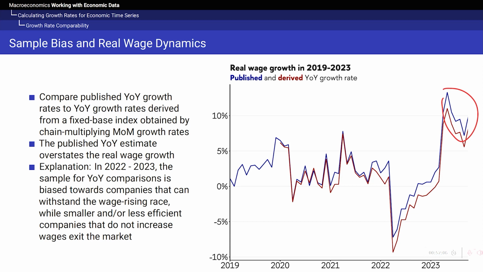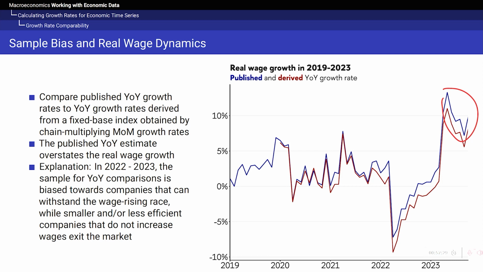The reason for this is simple. As you probably know, in 2022 and 23, the Russian economy faced a considerable deficit of workers in the labor market. In this case, companies compete for scarce workers by bidding up their wage offers. Less efficient companies who cannot survive the wage race just exit the market.